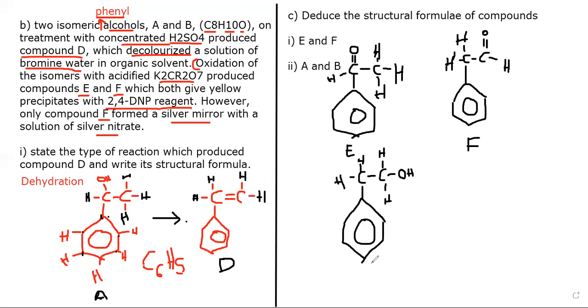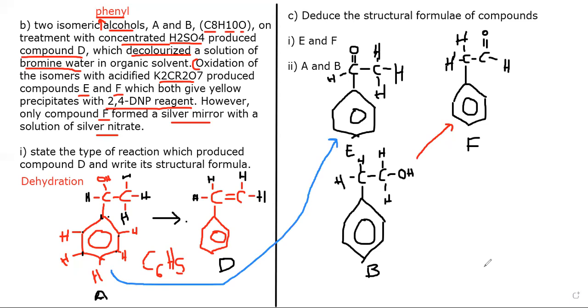So that is compound B. So compound B was oxidized to compound F, primary alcohol to the aldehyde. And compound A, which was the secondary alcohol, was oxidized to your ketone. All right, so that's it.